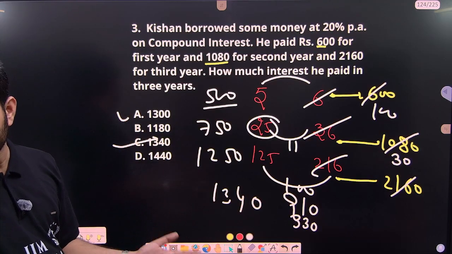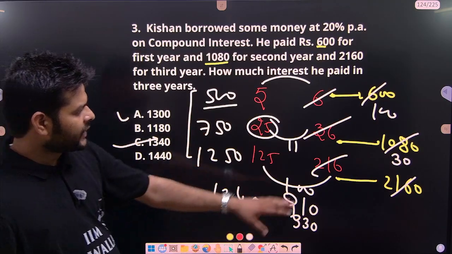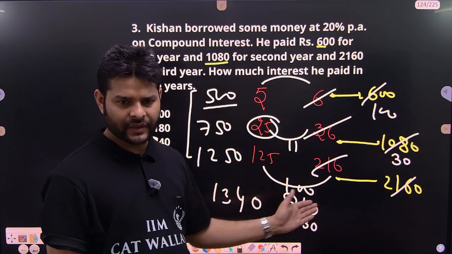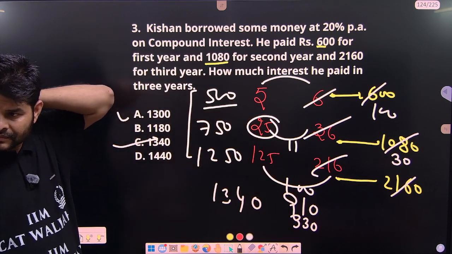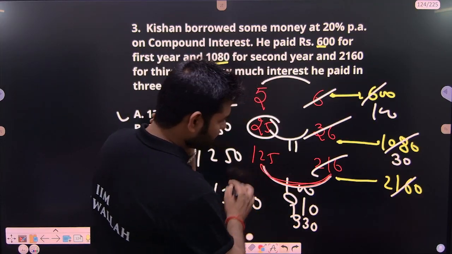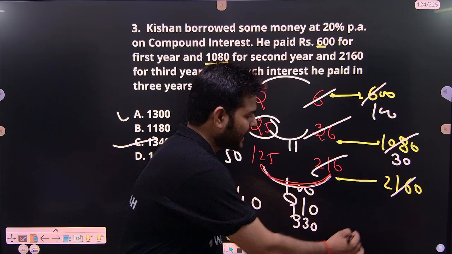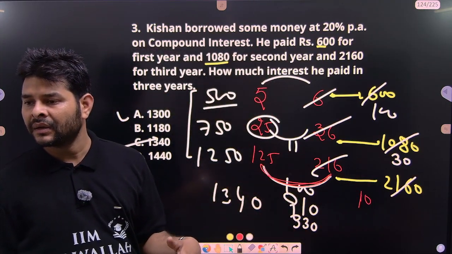You need to add these values, and the difference you can take. 91 is the difference between these two values, and 1 unit value is 10, so 91 units would be 910.